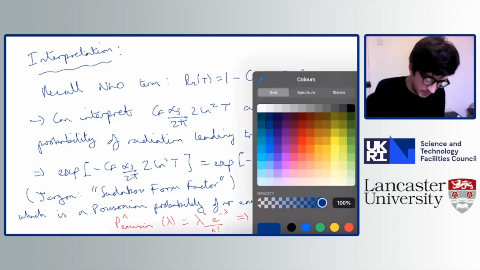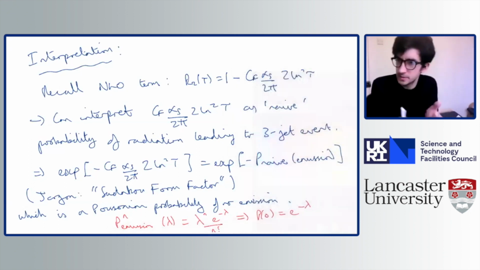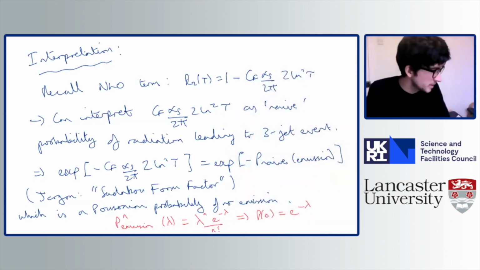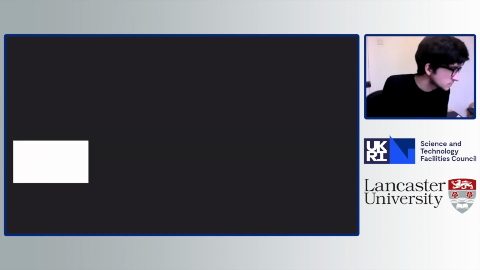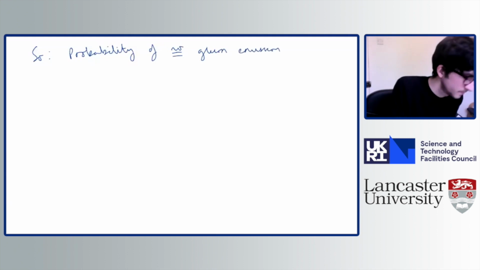So one can think about a Poissonian process for emitting these gluons, if you like, and then this becomes the 0 emission probability. And so the probability of no gluon emission, no gluon radiation, in that tau goes to 0 limit, is 0.